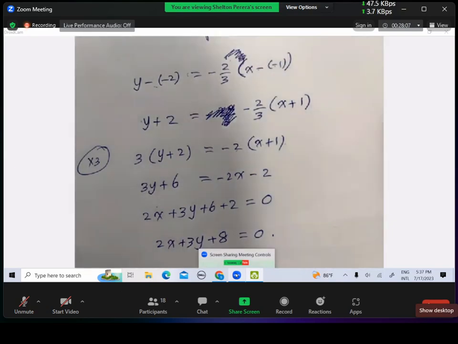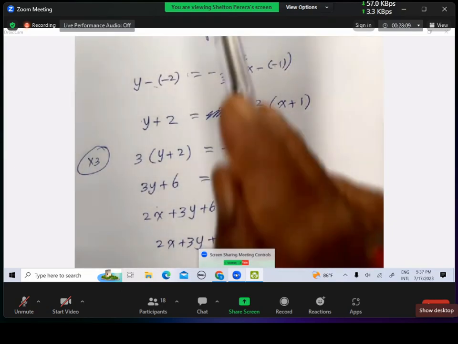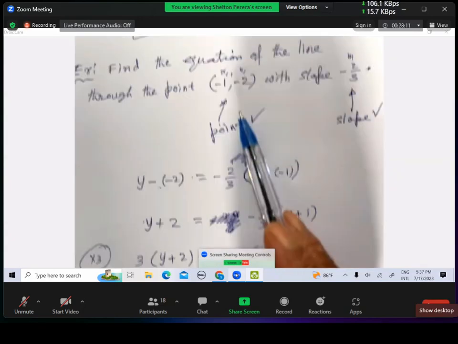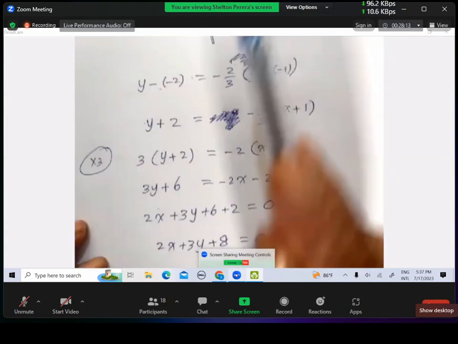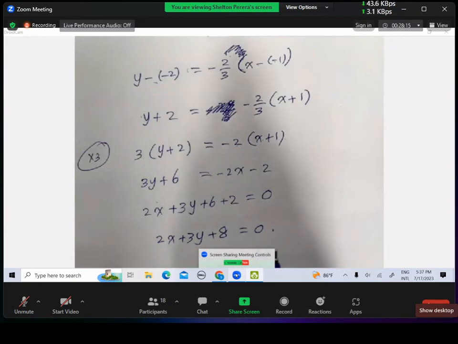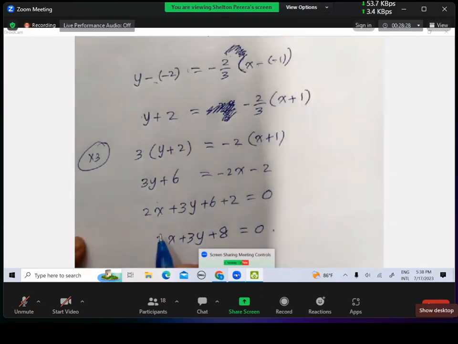Now you know how to draw such a line. One point is given. If I take (-1, -2) and substitute here, it must be satisfied. -2, -6, -8 plus 8, 0. This is the final answer.